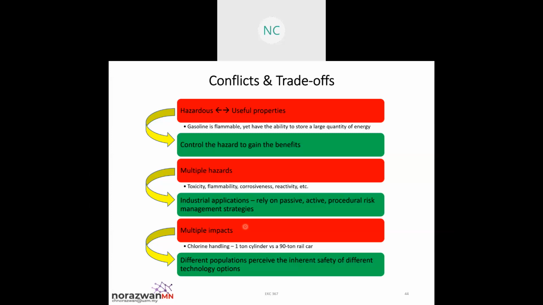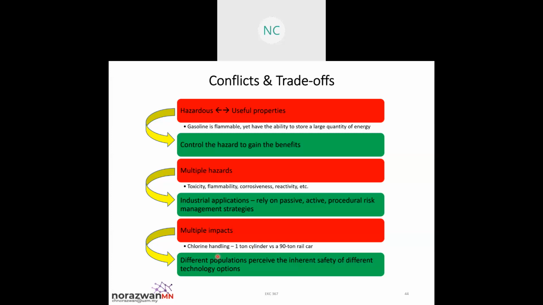If you change your approach of how you deal with this chlorine, it will give multiple impacts: the impacts when you are using the cylinder and the impacts when you are using a 90 ton rail car to transport this chlorine.